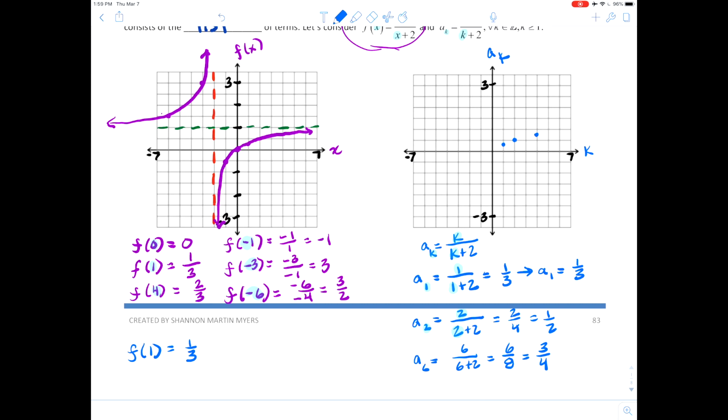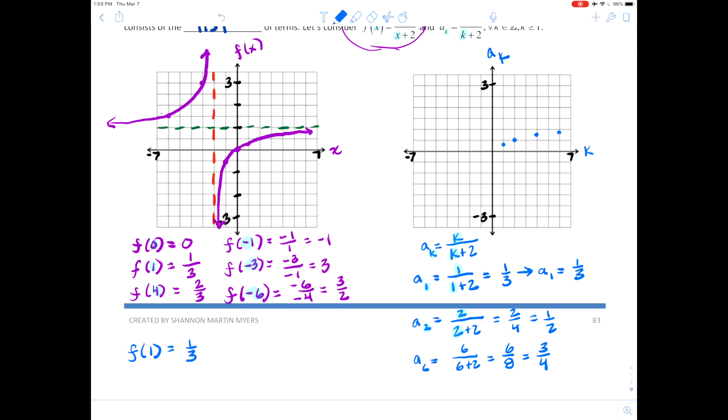So at positive 6, we're at 3/4. So here, notice that this is the graph. You don't do anything in between. And you'll get closer and closer out to an output of 1, but you'll never quite attain it.